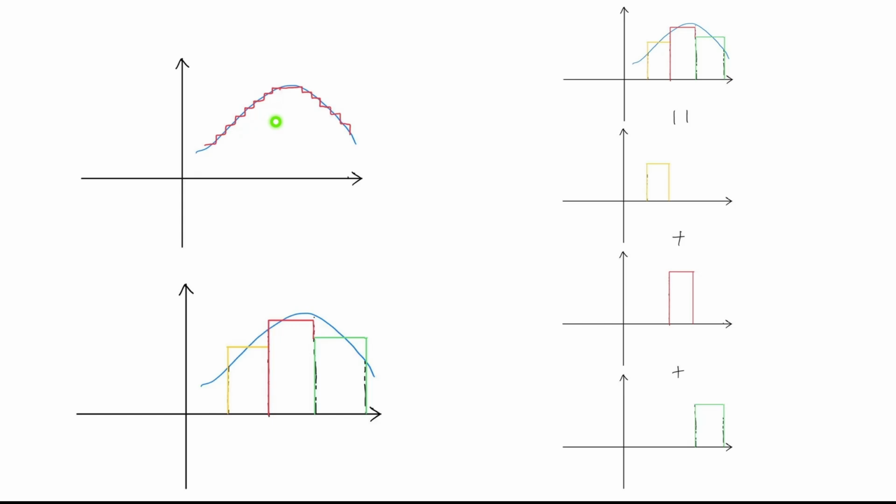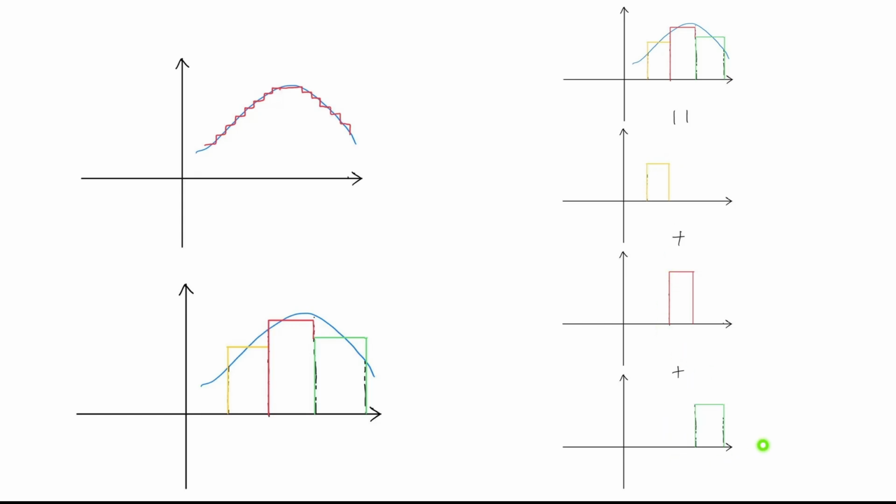Okay, so let's see how we actually approximate using these rectangle functions. As a simple example, here we use 3 rectangles to approximate this blue curve. If we do a further decomposition, this can be seen as the summation of these 3 rectangle functions, the yellow one, red one, and green one.